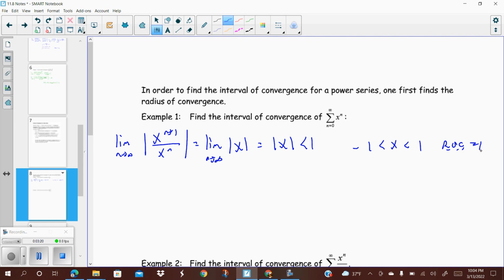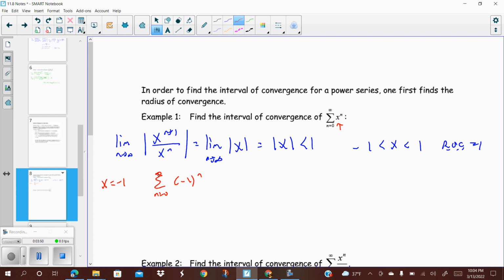How you do that, and you have to remember, these are x values right here. We are going to take those endpoints and say, okay, when x is -1, what does my power series look like? Well, you're going to literally plug in -1 for your x and see what you get. So you're going to have the series of -1 to the n power as n goes from 0 to infinity.